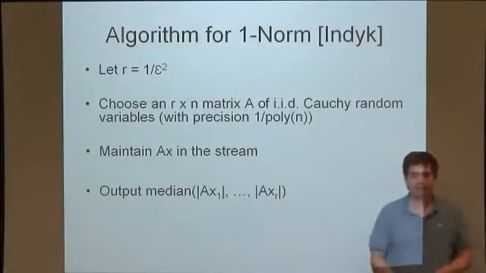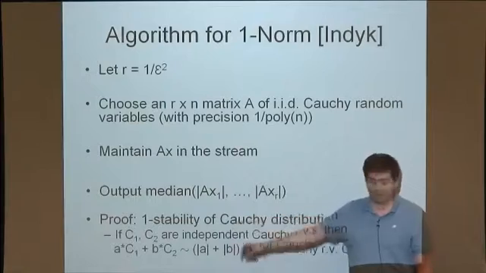At the end of the stream, the estimator is a little bit different: you output the median of the absolute values of the coordinates of A times x. And you can show that this works. The only property of the Cauchy distribution that the proof uses is the one-stability property.